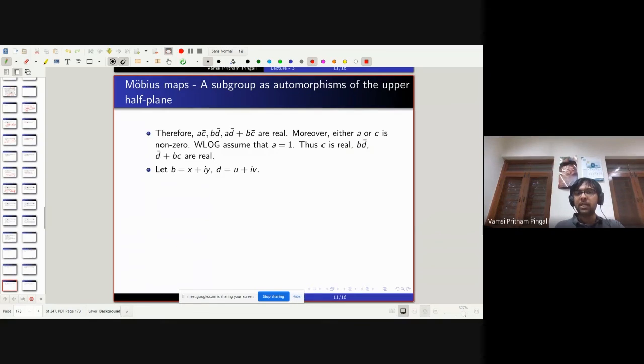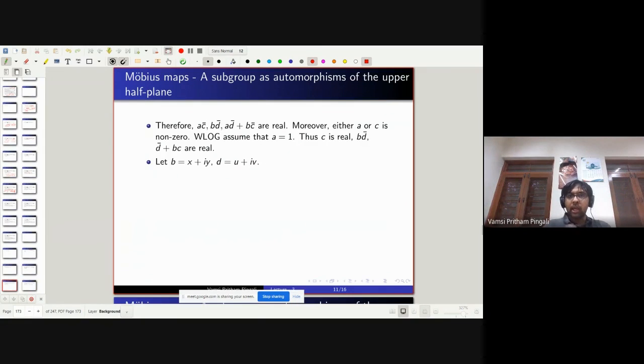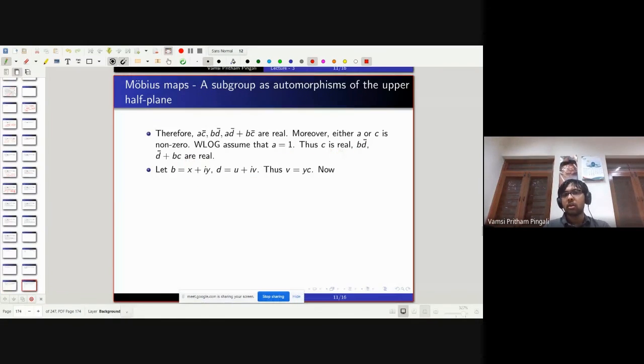So let B be x plus iy and D be u plus iv. If you substitute these criteria, that this is real and this is real, then you see that v had better be equal to y times c.